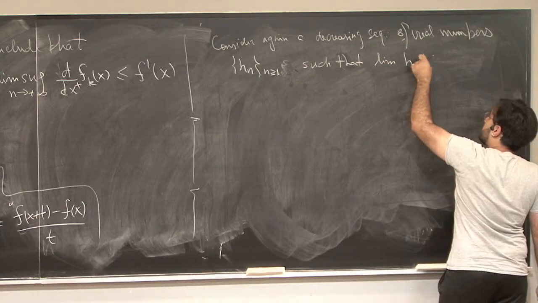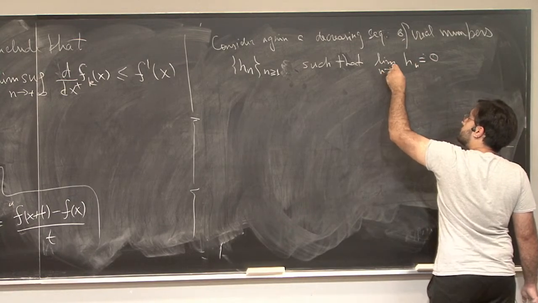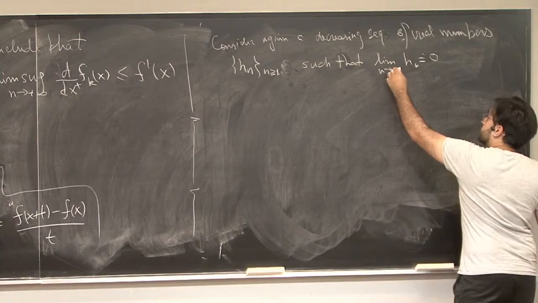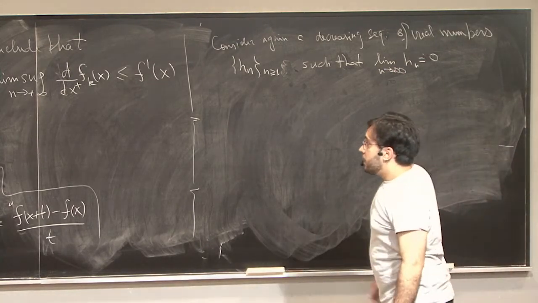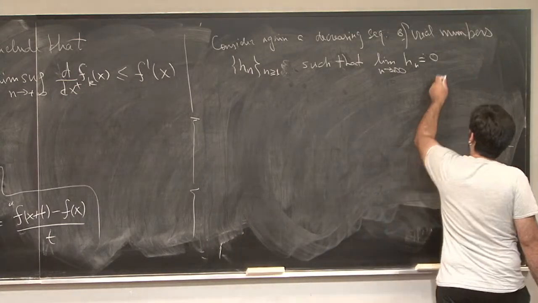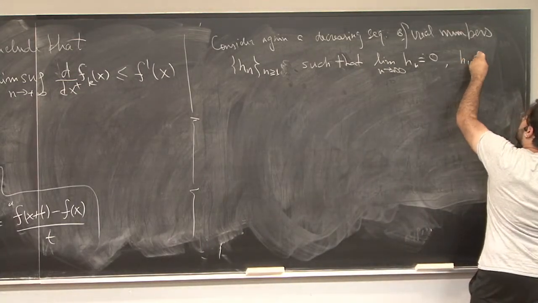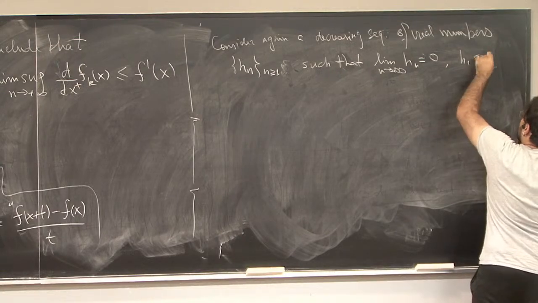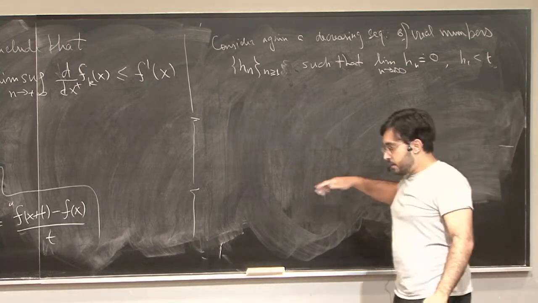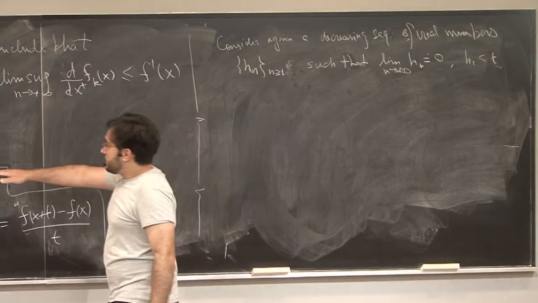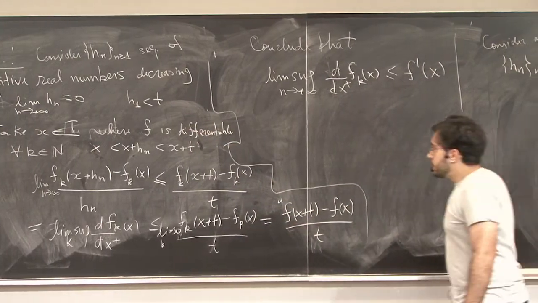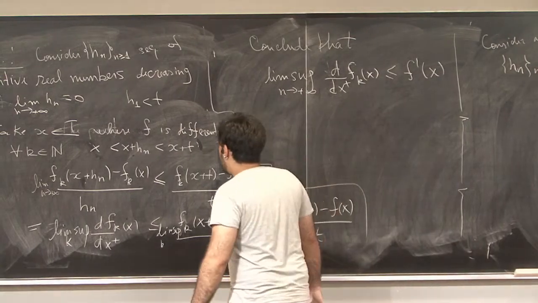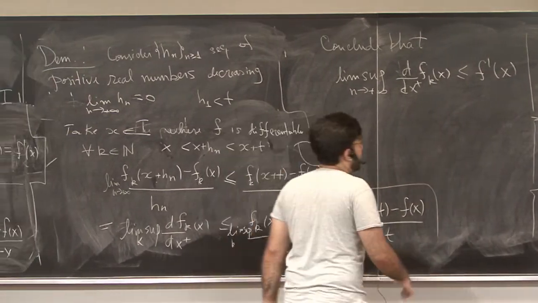The same thing as before. And I will also suppose that they are all upper bounded by some t, the same way I did before. But now I will make a trick, let's say.